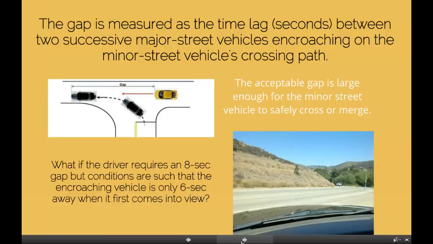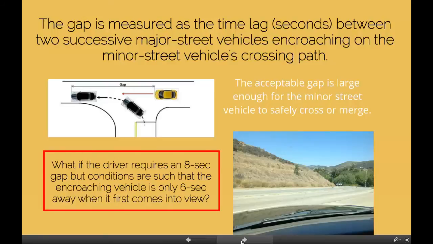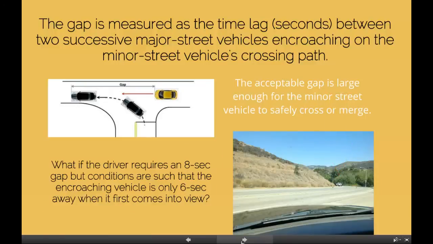At a two-way stop-controlled intersection, we might ask a question such as this. What if the driver requires an 8-second gap, but conditions are such that the encroaching vehicle is only 6 seconds away when it first comes into view? This creates a potentially hazardous condition where the visibility triangle is too small to accommodate the gap acceptance behavior.